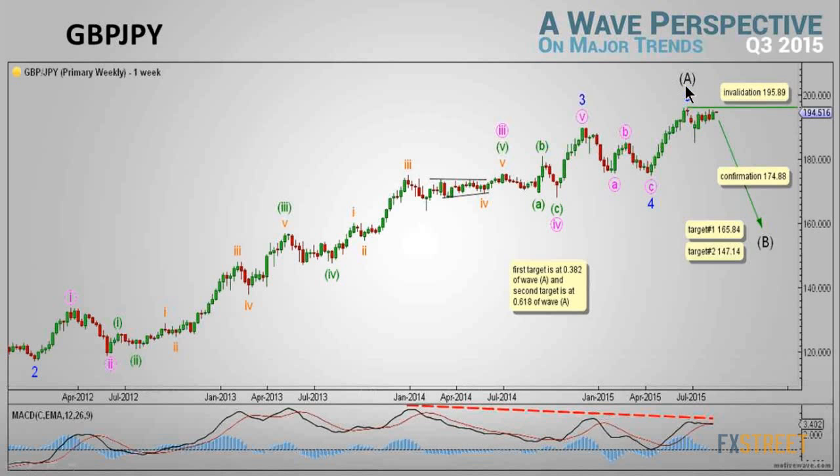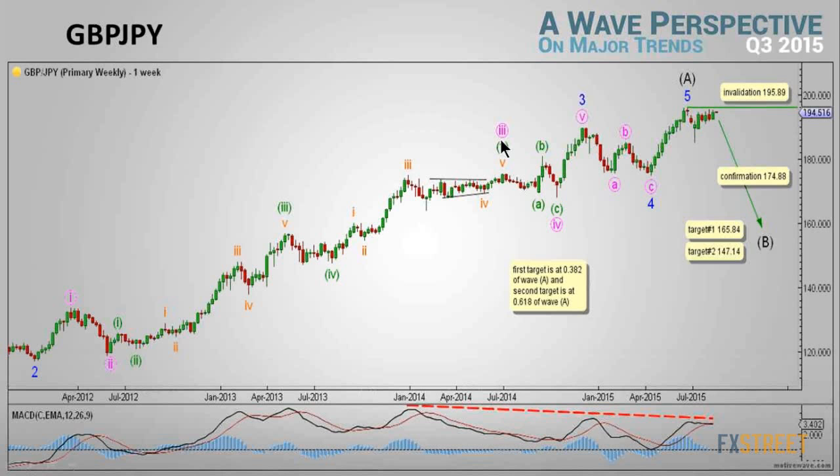The main count expects that wave A black is complete as an impulse labeled waves 1 through 5 blue, with wave 3 blue seen as an extended third wave labeled waves 1 through 5 pink, with wave 3 pink unfolding as an impulse labeled waves 1 through 5 green.